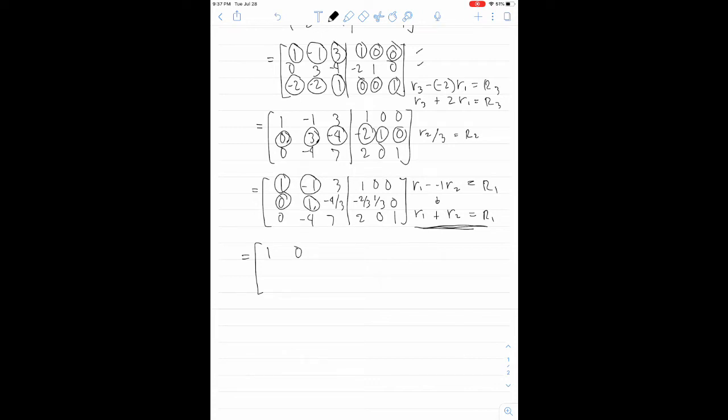So, kanina, mo ng 0 ang taas. 3 plus negative 4 over 3 is just 5 over 3. Then 1 minus 2/3 is 1/3. Then 0 plus 1/3 is 1/3. 0 plus 0 is 0. Then the rest copy.